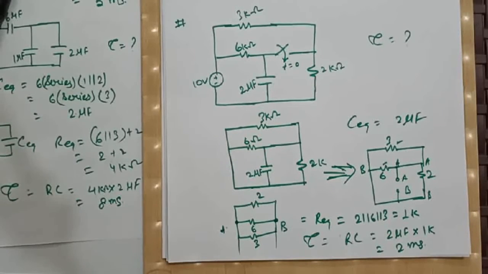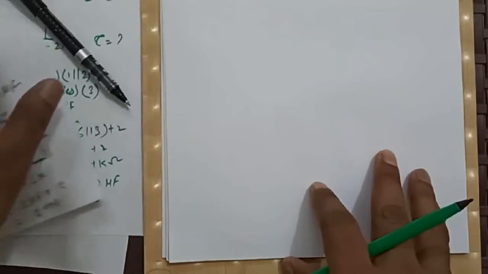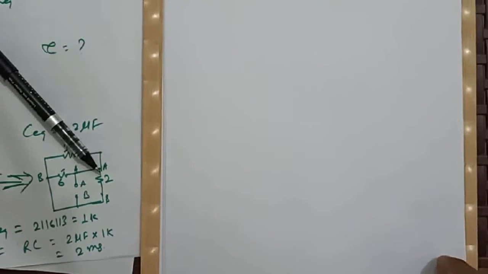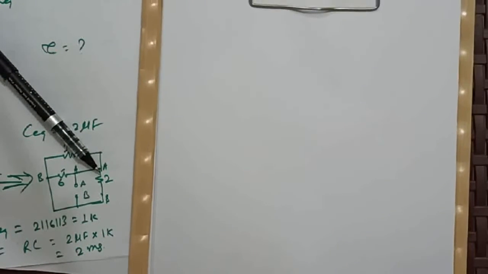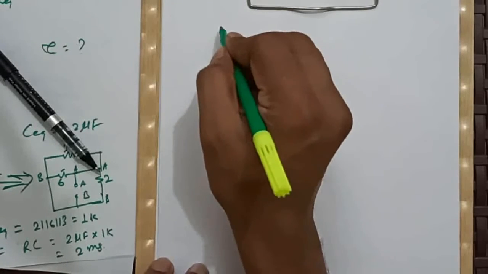So these were some problems to find the time constant of a circuit. Now we will do some problems on finding the time response or the transient response of a first order circuit. Basically, this is the source free time response of a first order circuit. Consider this circuit.